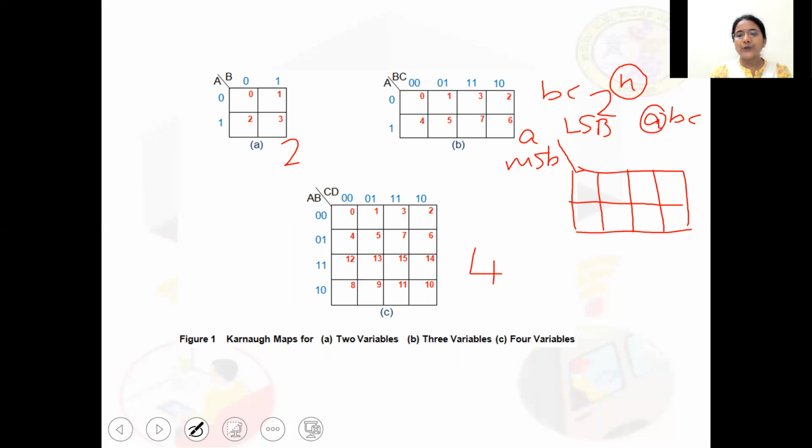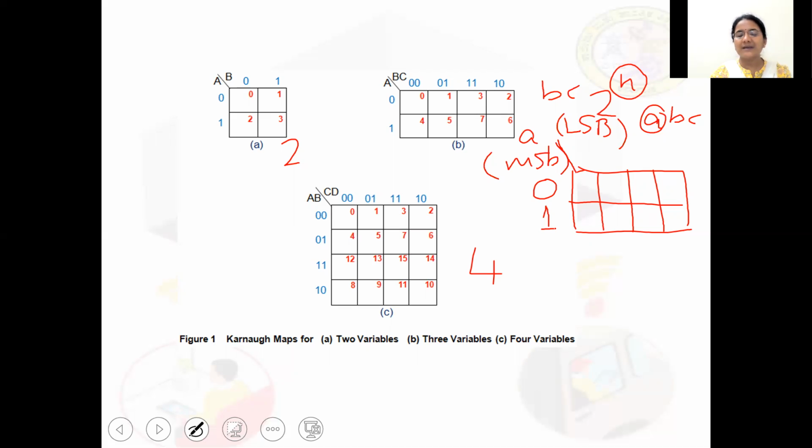Now, to enter the minterms in the K-map, first I have to write the binary values for each row and column. First, we have to know how to write this LSB and MSB for the rows and columns. And the MSB I am considering for the rows, where first I am writing A as 0 for the first row and 1 for the second row.